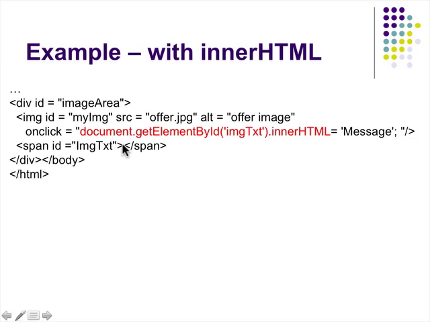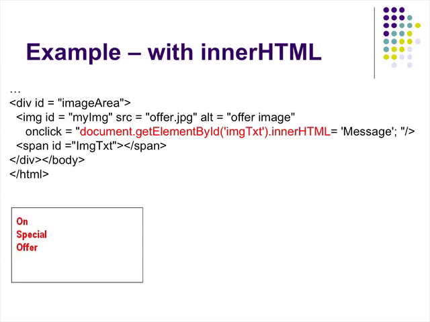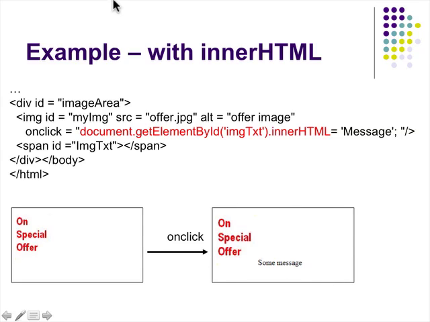So it is blank, but when we click on that special offer with some message or other, then that previously empty span will suddenly contain some text of whatever it was we chose to put into the innerHTML property. So we can dynamically update our web page based on user input.